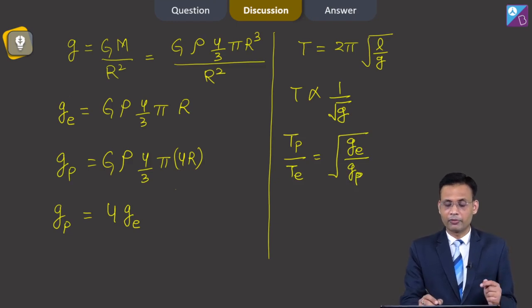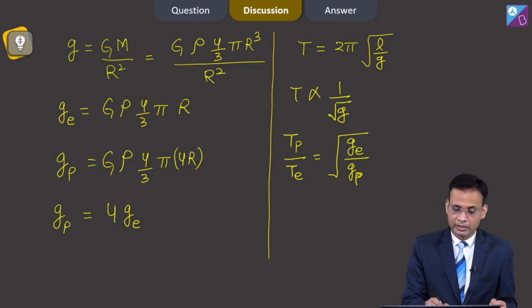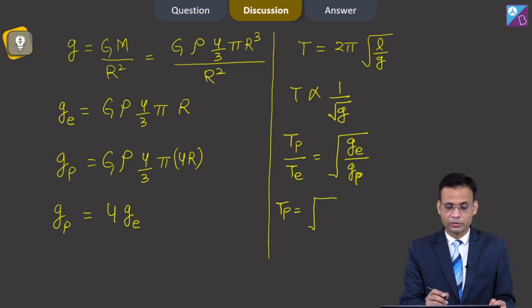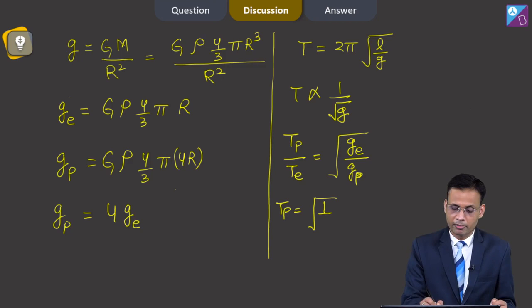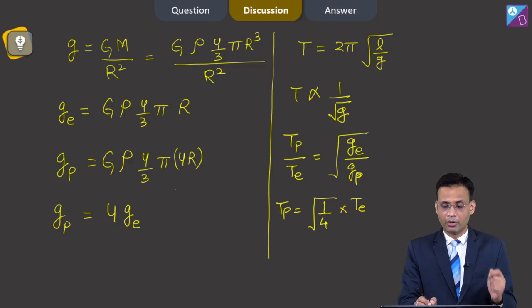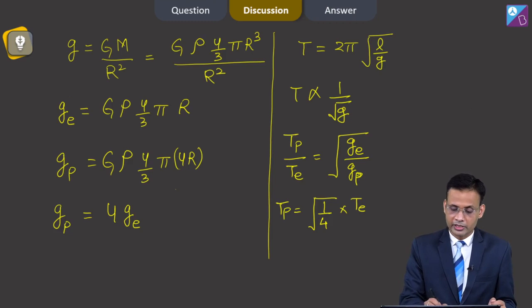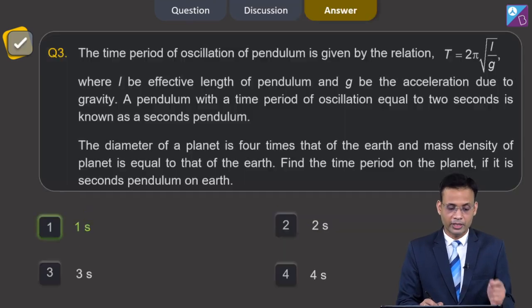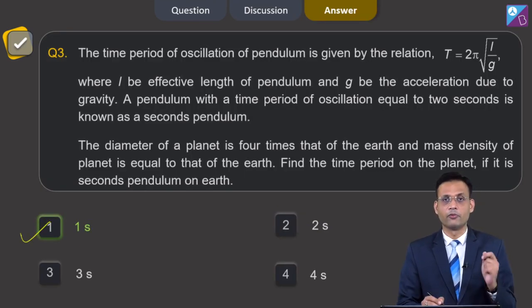If we want to calculate the time period of the second pendulum at the new planet, then T p is equal to root of g e by g p, which can be written as 1 by 2 into T e. T e is the time period of the second pendulum on earth, and the value of that time period is 2 seconds. So this expression will become T p equals 1 by 2 into 2, which gives a value of 1 second. So the answer of this question is option 1, which is 1 second.